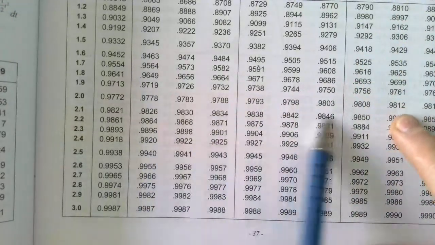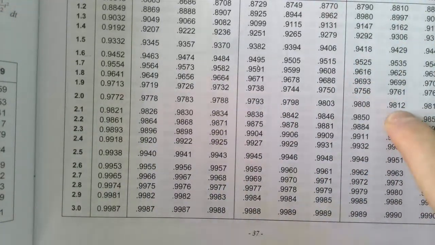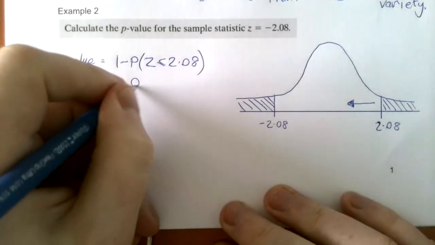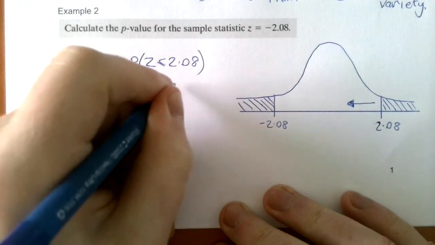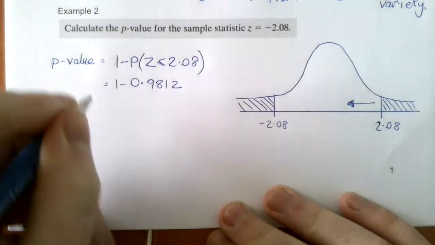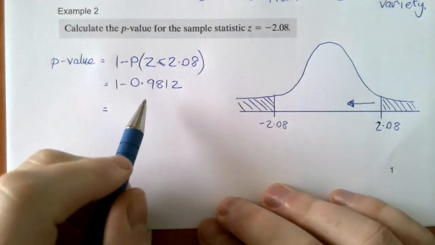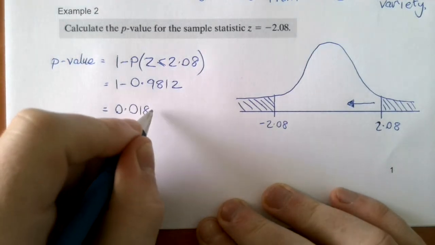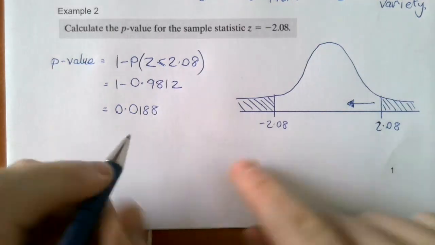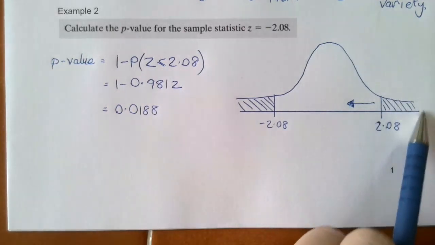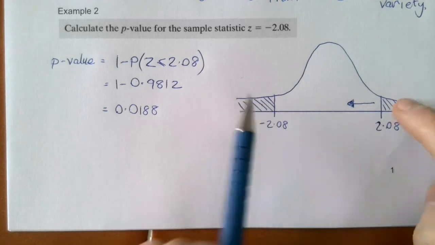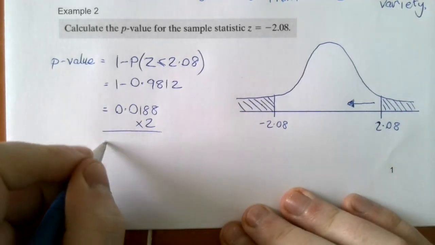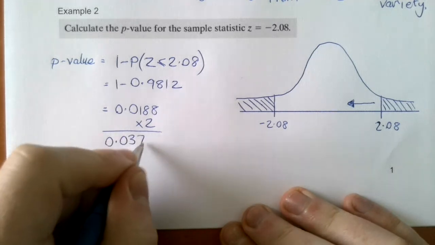So 2.08 is 0.9812. If we take that away from 1, it's going to be 0.0188. That gives us the area of one of these sides. Now, since we're looking for two of them, we're going to times it by 2 and get our p-value, which is equal to 0.0376.